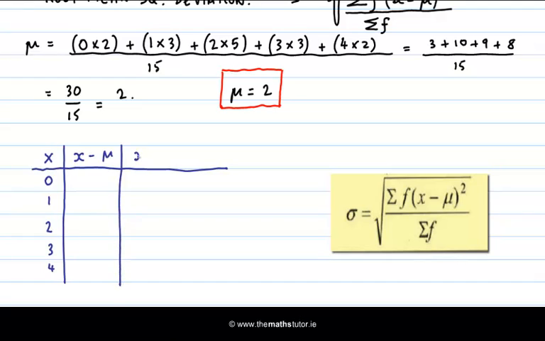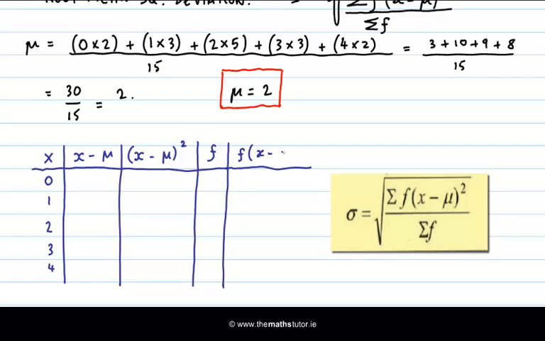In the next column, I will square those deviations. And finally, because each piece of data occurs a number of times, we will put in the frequency. And finally, the frequency multiplied by squared deviations. We will then add up these and we will divide by the number of pieces of data, which is 15.